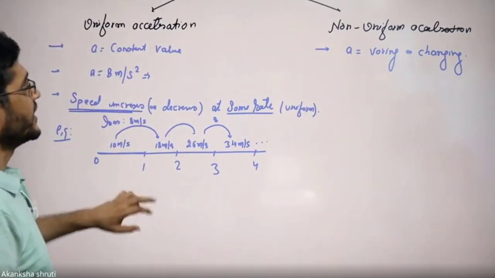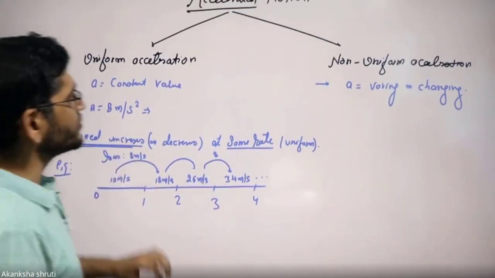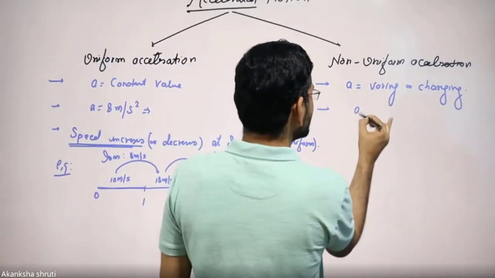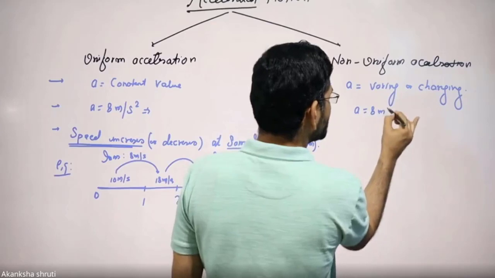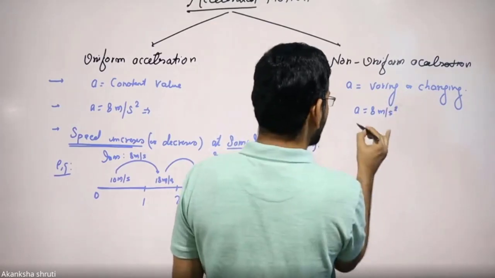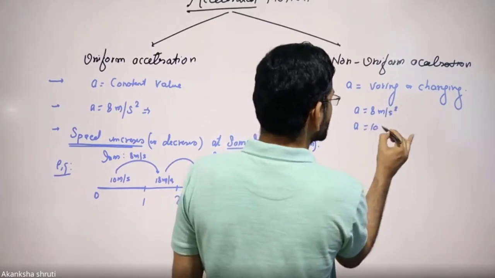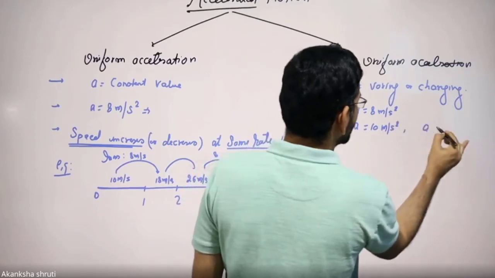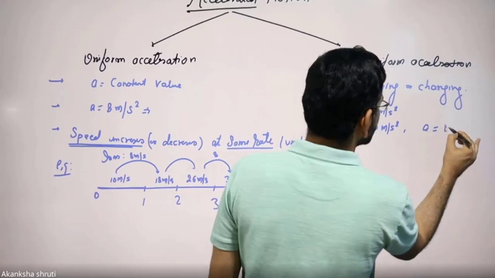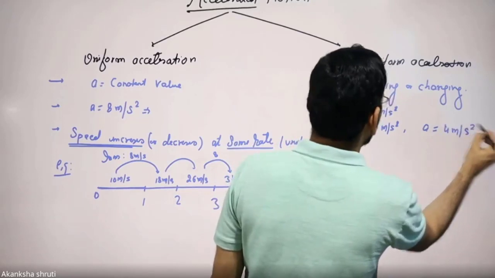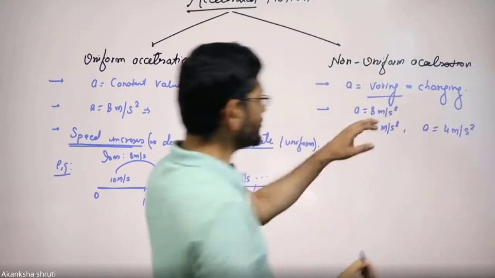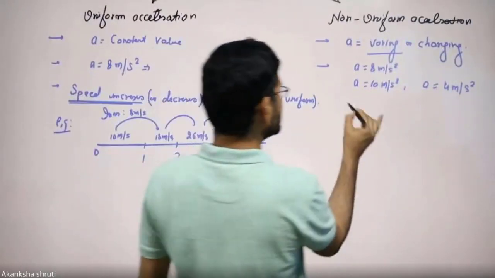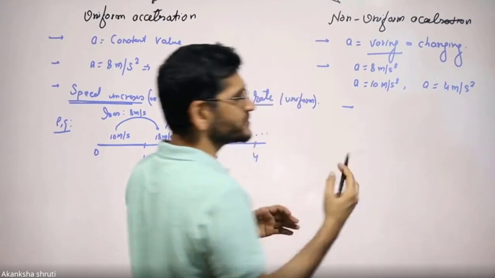It is this one. But if I consider non-uniform acceleration, in this case the acceleration is changing. One time it is 8 meter per second square. Another time this has increased to 10 meter per second square. Another time it might have decreased, say 4 meter per second square. So that's why this acceleration value is not fixed throughout the motion. So in this case, how to understand this physically?